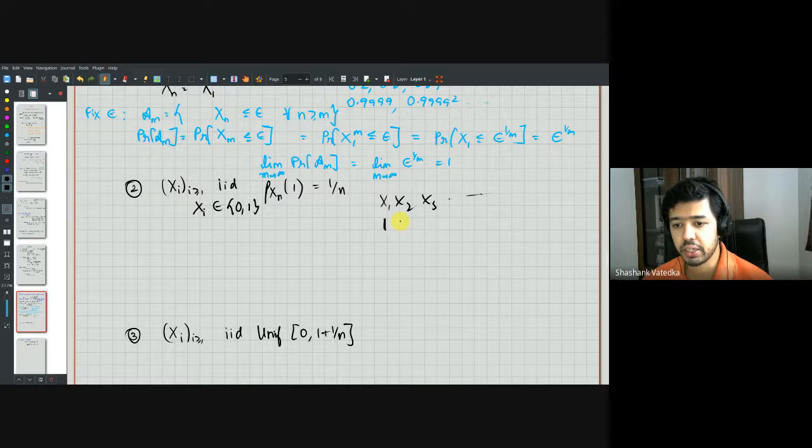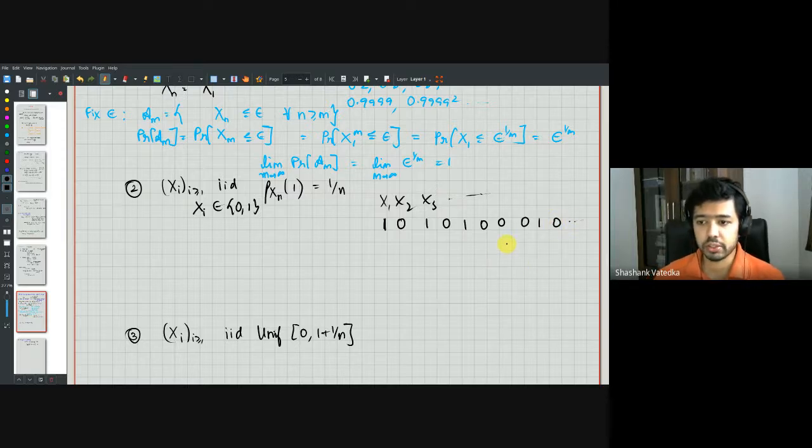So maybe one realization of this is that it's a 0. x3 is 1 with probability 1/3, so maybe it's a 1. And then x4 is 1 with probability 1/4, 0 with probability 3/4. So maybe it's a 0, then you have 1, 0, 0, 0, 1, 0, and so on, right?